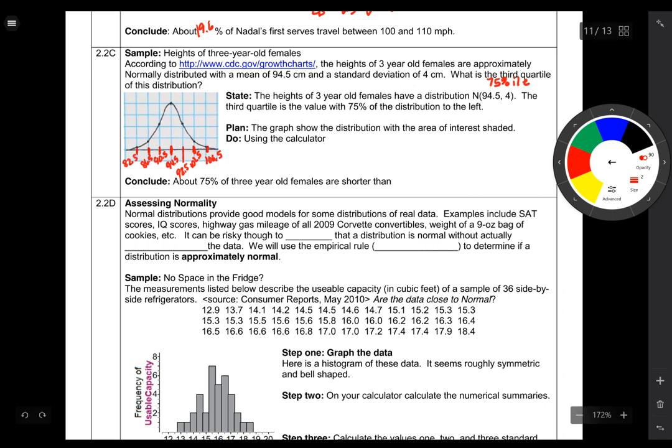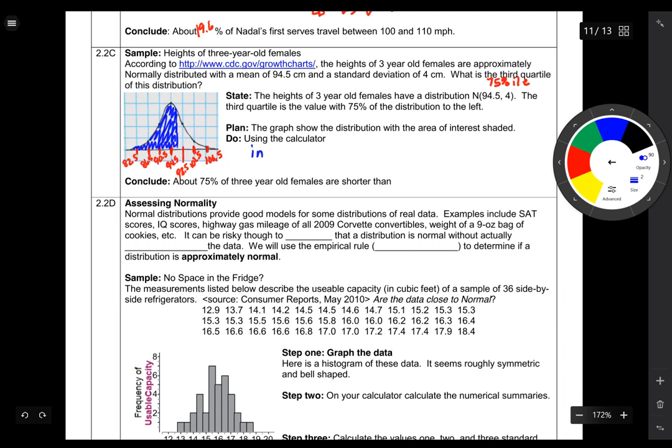All right, and 75th percentile, so here's 50th. This is 50th right down in the middle, and so 75 would be, again, you're just doing a rough sketch. So we want this right here. All right, so we are going to use the inverse norm because this time we are given the area, and the area is 75%.